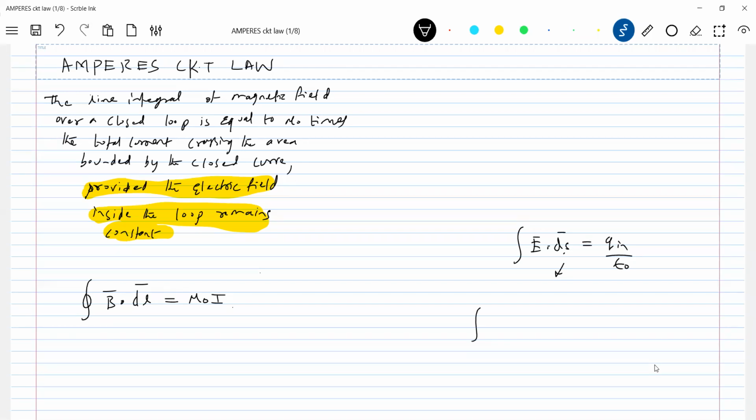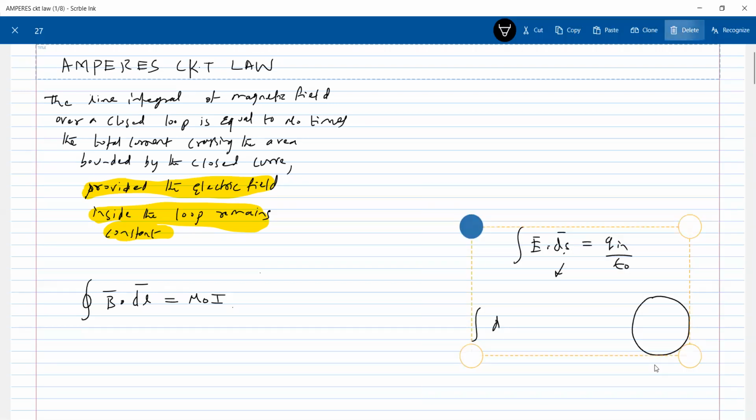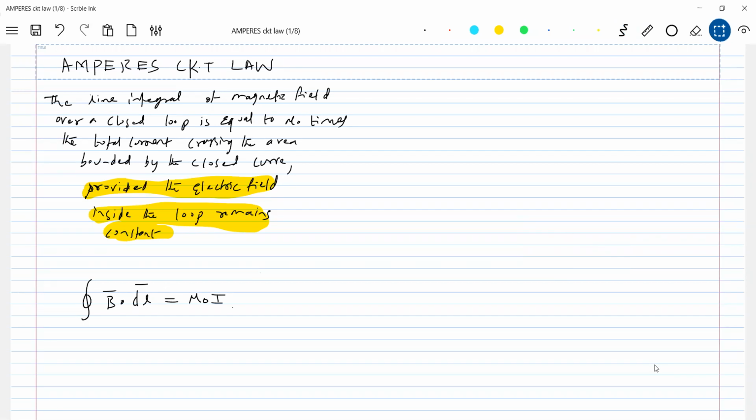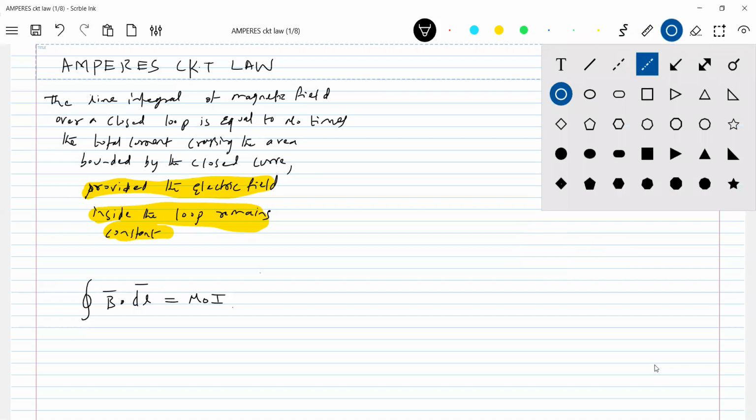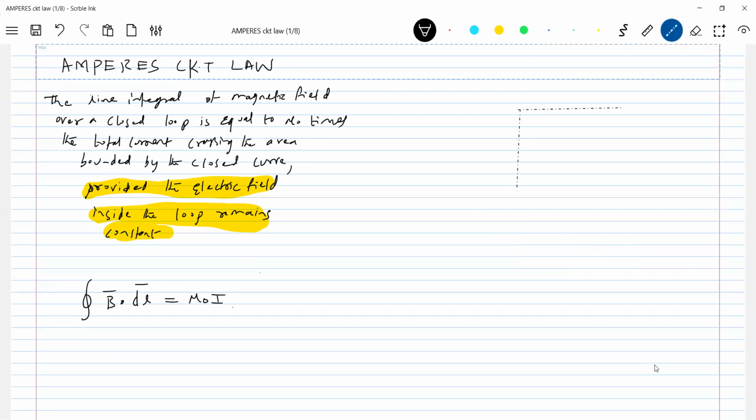So I think there's a difference if I write this. Okay, let's focus on what we mean by that integration in a closed path. Suppose that there's a loop. Let this be dl.